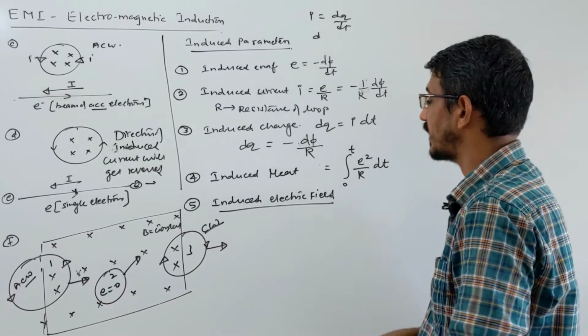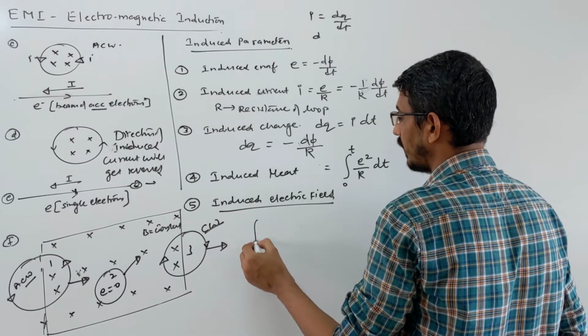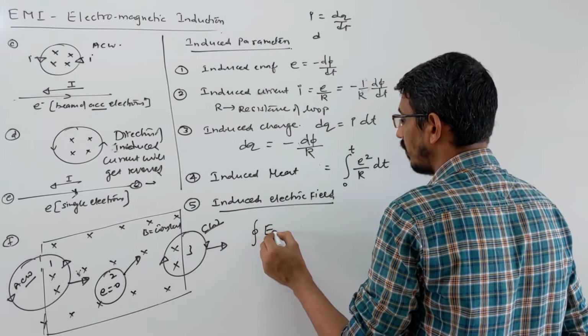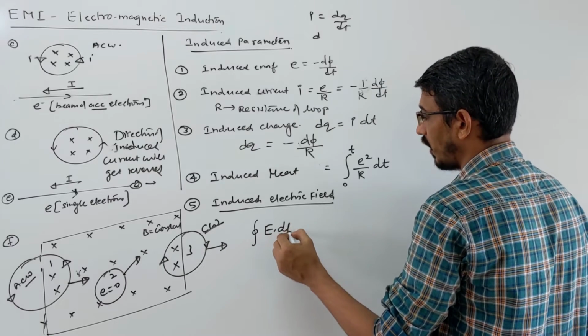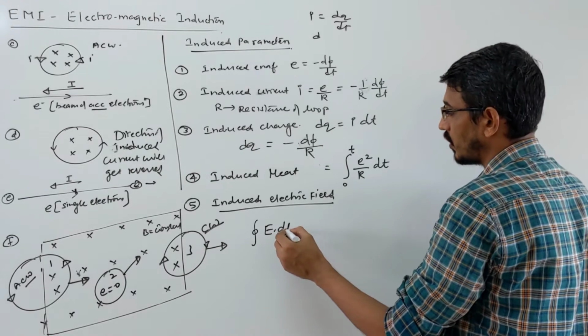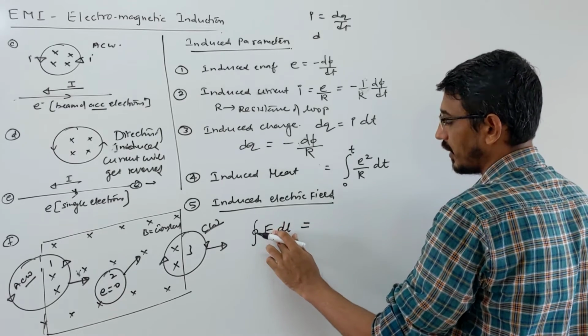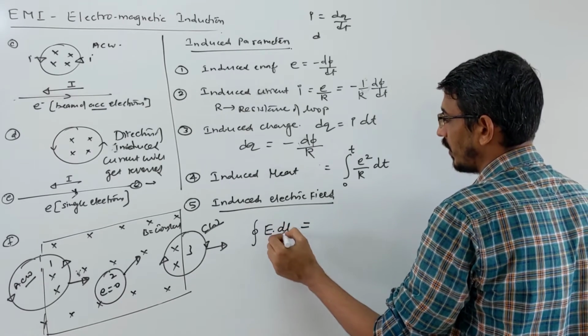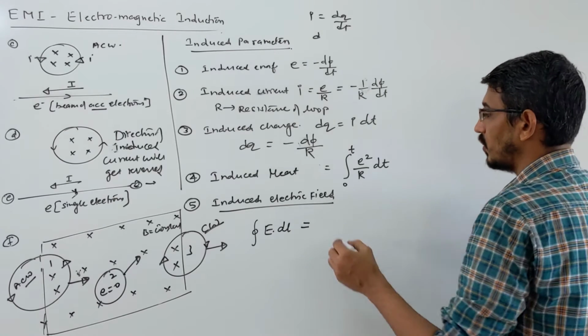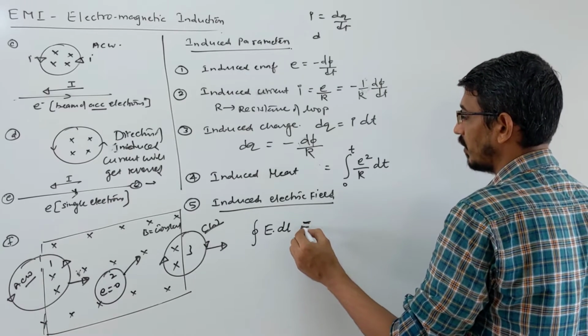So how is that given? That's given by this law, simply the integration of your electric field over small length. Look here, you can write it this way, E dot dl, which is simply equal to what?